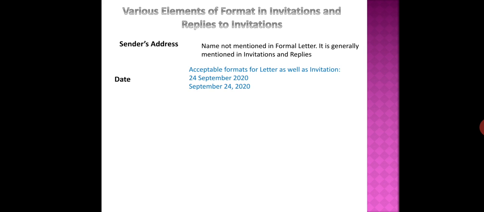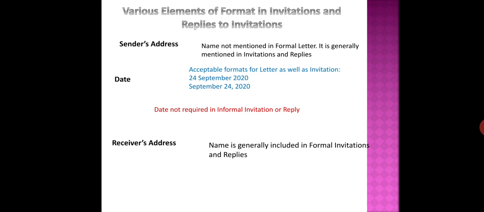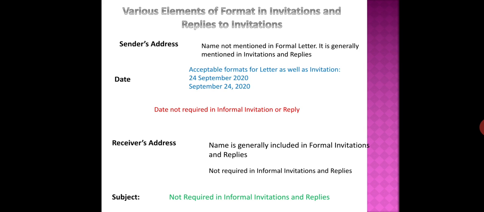So either of these formats can be used to mention date in any formal exercise. Date is not required in case of informal invitations or replies. In case of receiver's address, again, name is generally included in case of formal invitations and replies. However, the receiver's address is not required in case of informal invitations and replies. The subject is also not required in case of informal invitations and replies.